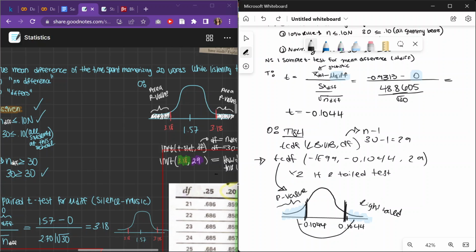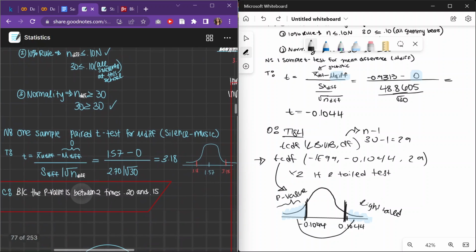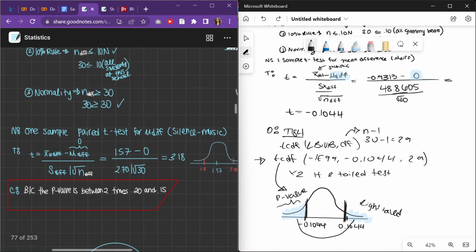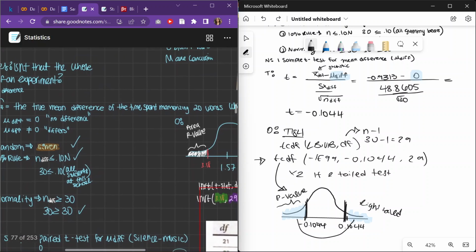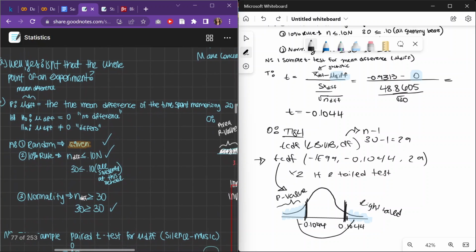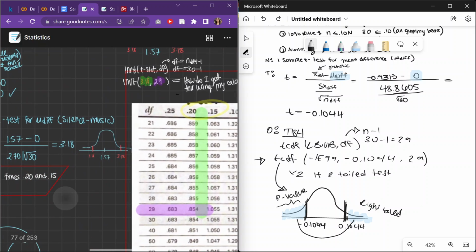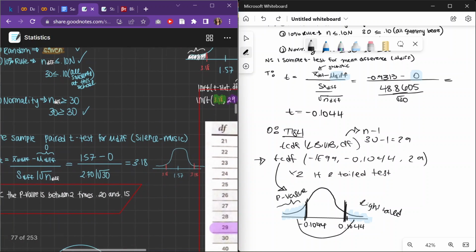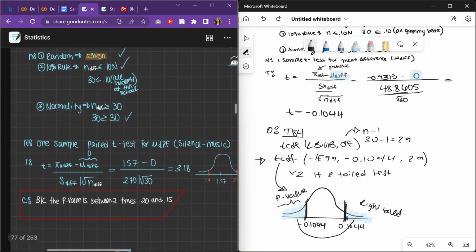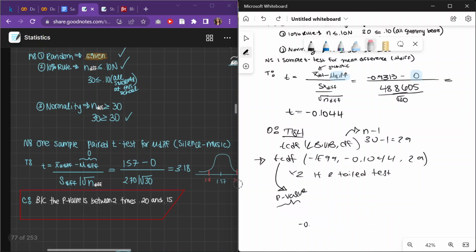Interesting. 1.57 was what? 1.57 was, oh, it was 1.57. Oh, it was the mean difference. Right, that makes sense because it's in the middle. Okay, I'm just going to try to walk through this. I haven't done this in a little while, so let me think.